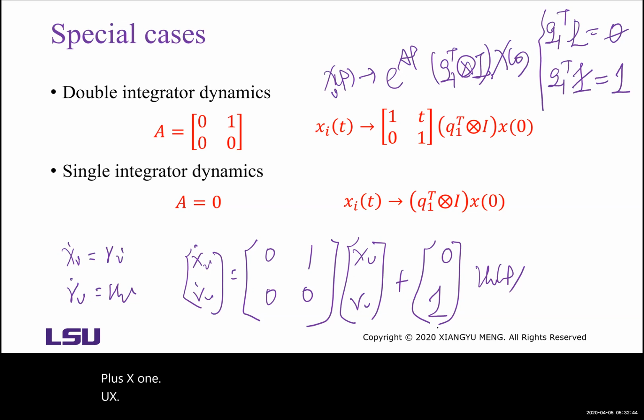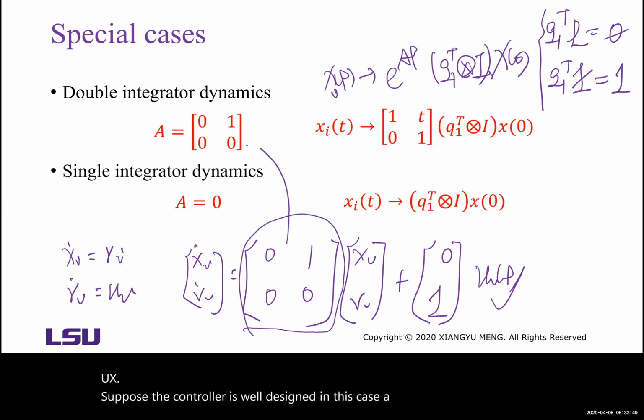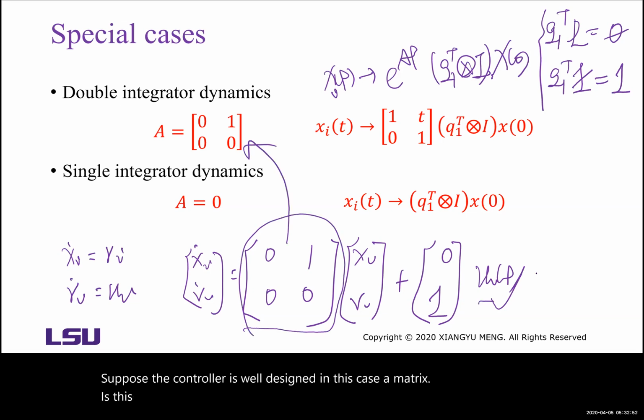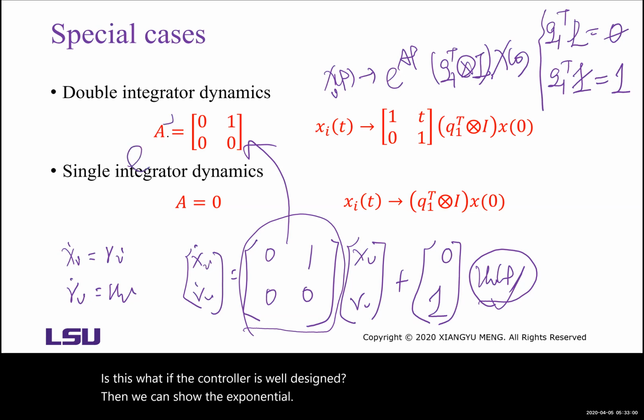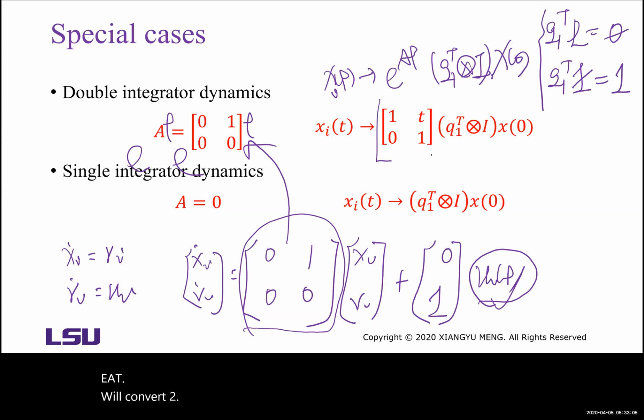Suppose the controller is well designed, in this case the A matrix is this one. If the control law is well designed, then we can show the exponential e^(At) will converge to this matrix. Then xi(t) will converge to this matrix times Q1 transpose Kronecker I.